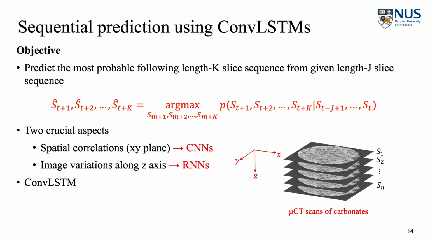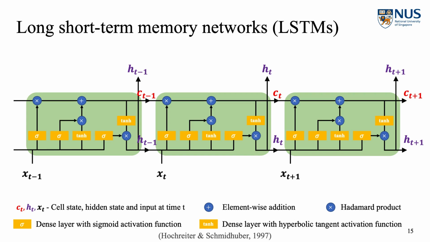Long short-term memory networks are a special kind of recurrent neural networks that is capable of learning long-term dependencies. This figure shows a standard LSTM layer. It takes sequential inputs xt and outputs sequential hidden states ht.